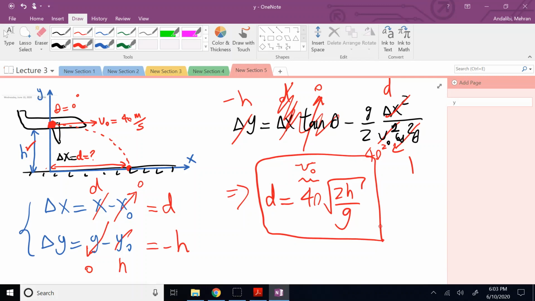The faster I move, the further away it lands, and the higher I fly, the further away it lands, right? But they are not both the same effect. V has a linear effect, while h is just under a square root when it affects d. Okay? So if you want to land in half of the distance, you have to either reduce your speed to half of 4d, or you have to make sure that the square root of h goes down by a factor of 2.